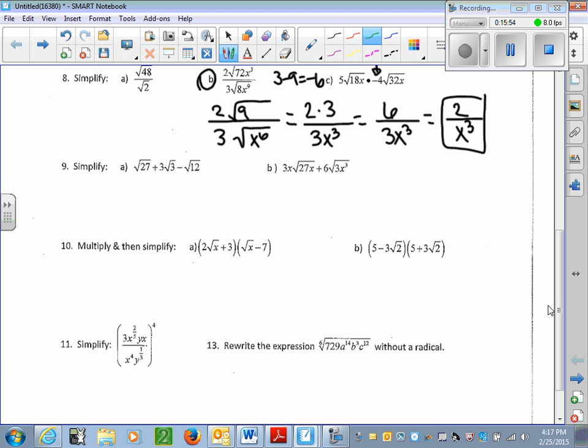Okay, so when I'm adding and subtracting radicals, let's do A. Let's list out our steps really fast. So, add or subtract radicals. Step 1, we need to make sure we have the same index. Step 2, we need to make sure we have the same radicand.